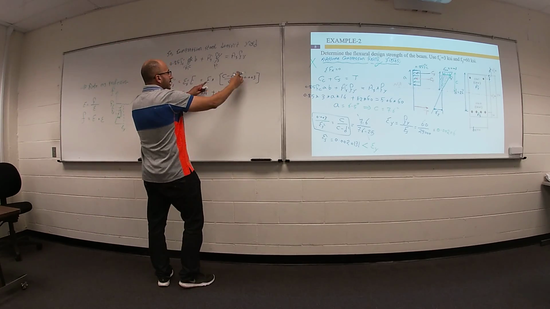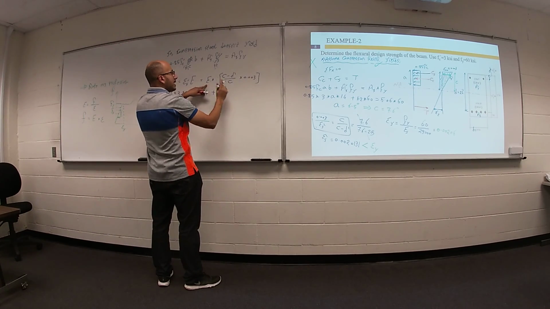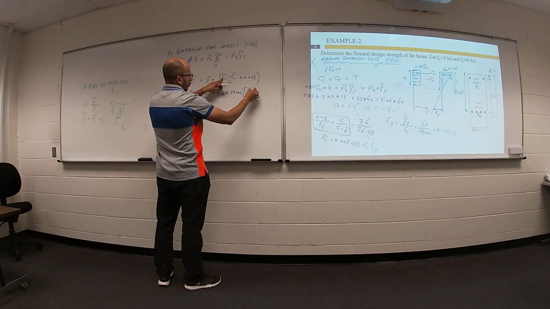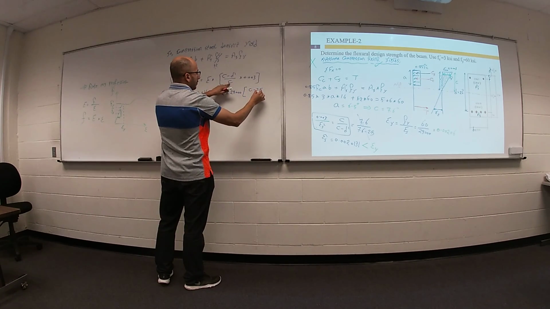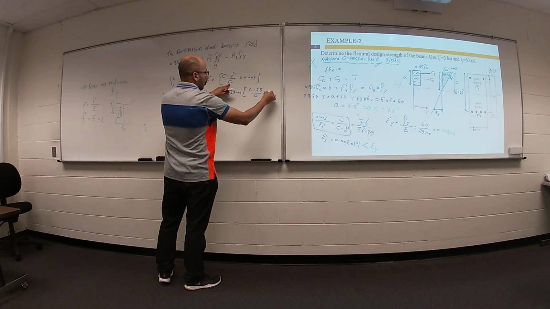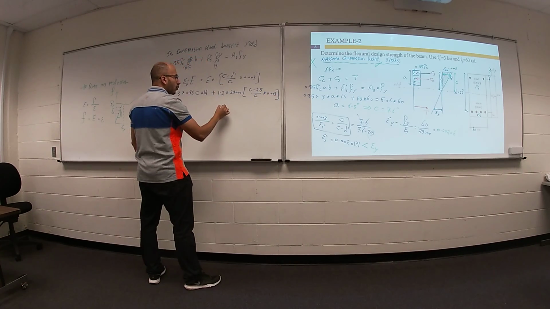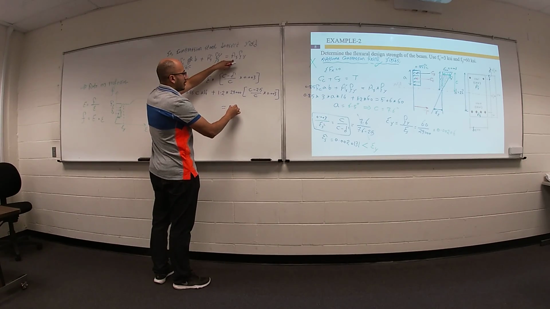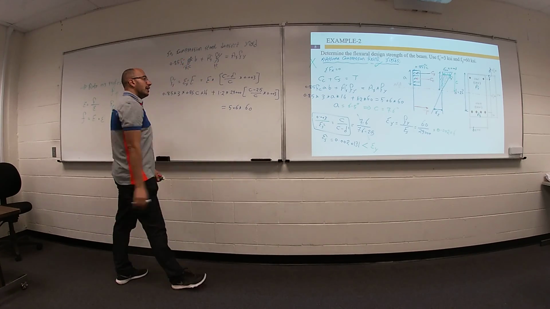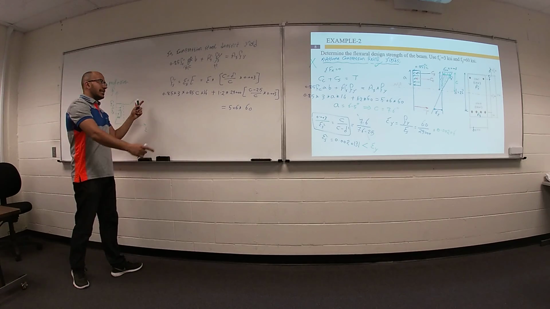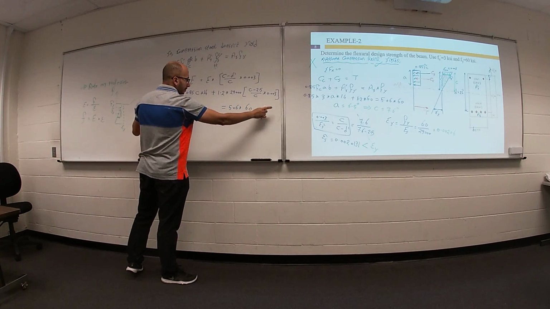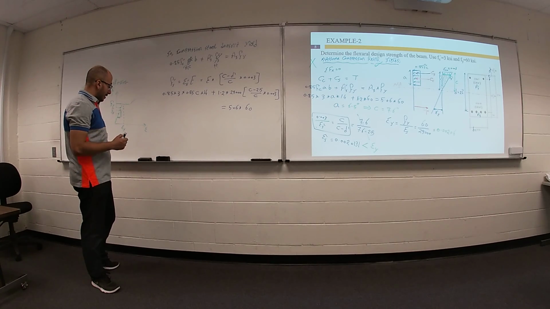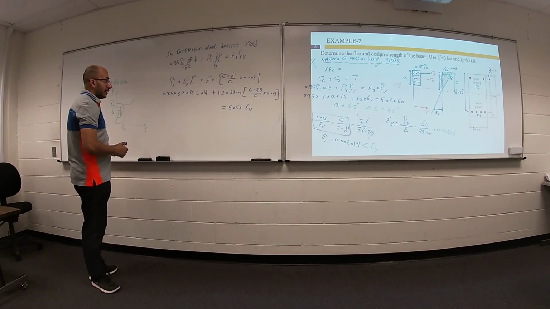Times f steel, all of this term: E 29,000, c minus d bar 2.5, divided by c, times 0.003, equals area of steel 5.06 times f yield. The only unknown in this equation, what? c. It will be an equation of second order.